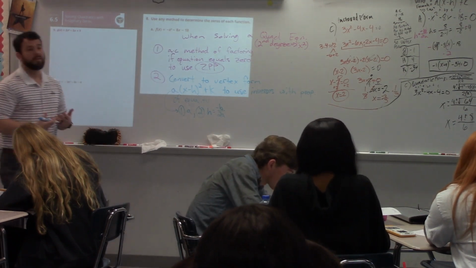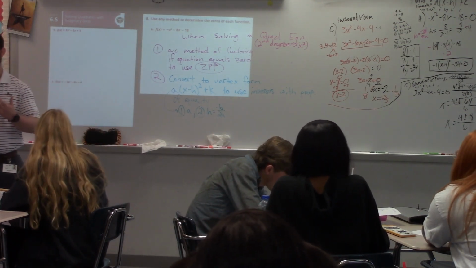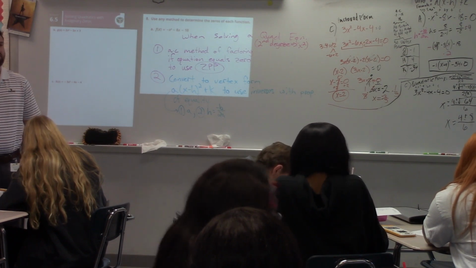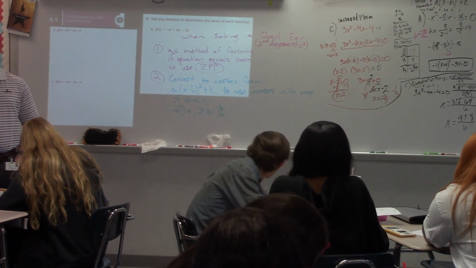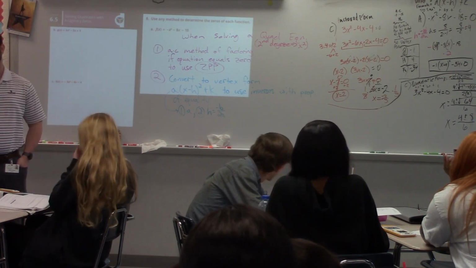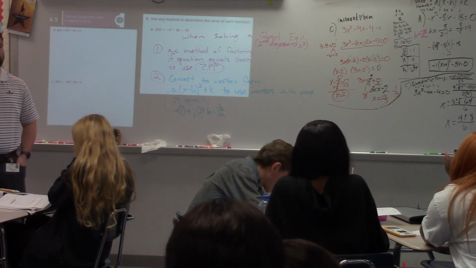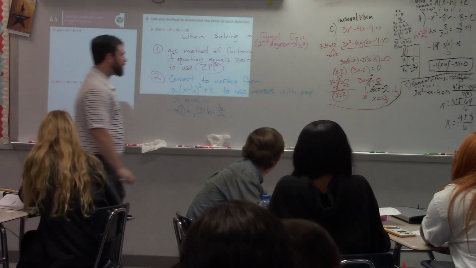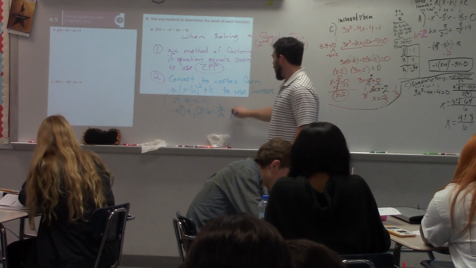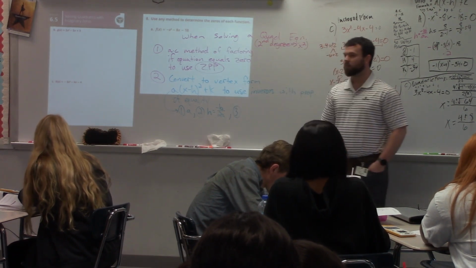Guys, don't forget, can you write that down to help you remember and identify H correctly? You know who's most successfully calculating what H is? The ones who write down H equals the opposite of B divided by 2A. It's not a mystery. After I find H, what do I need now?